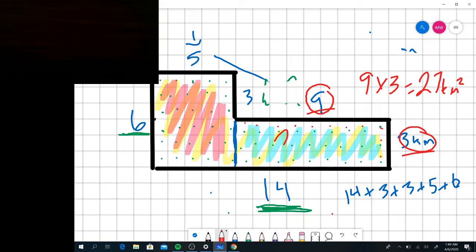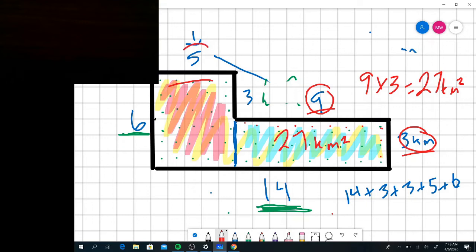I can even write that in there so I don't forget. 27 kilometers squared. So that would mean that if our tiles are 1 kilometer by 1 kilometer, these massive kilometer size tiles, there'd be 27 that fit in that box. So now I need to do my red box here, this one in here. So I'm going to use again my length times my width.